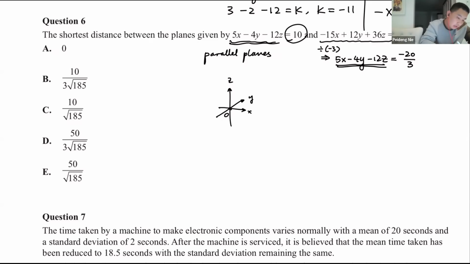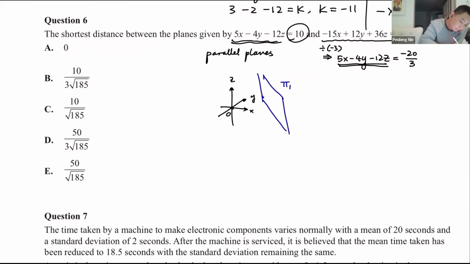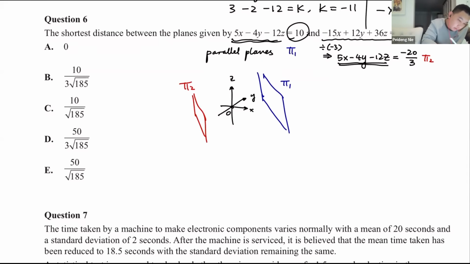So it's like this is the first plane, pi 1, and this is the second plane, pi 2.